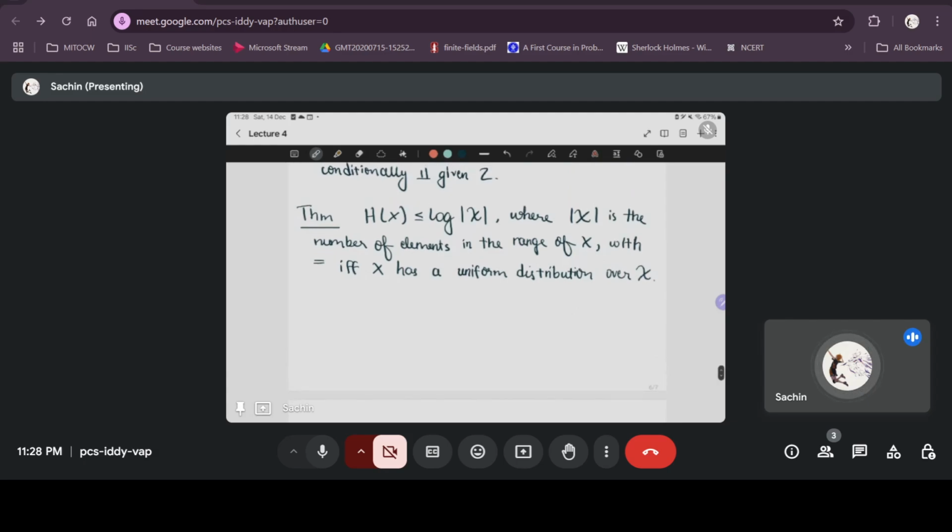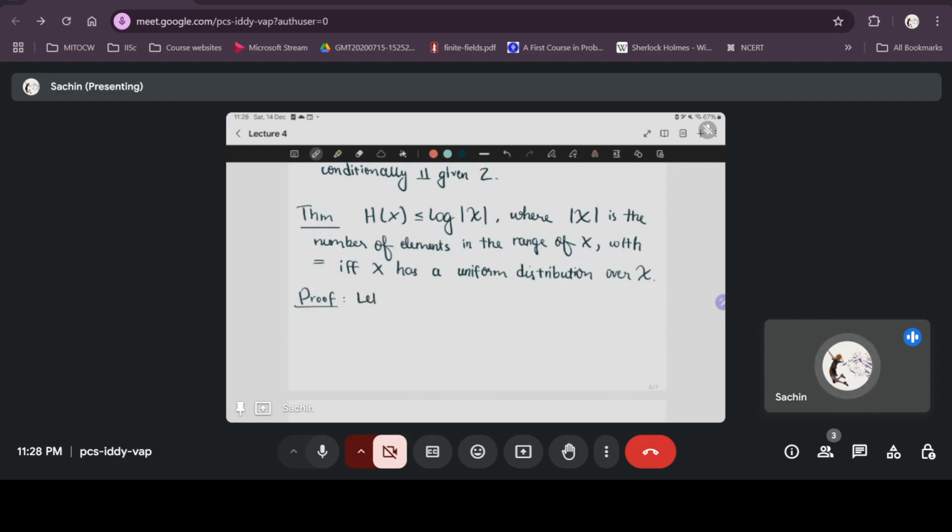To prove this, you're comparing any random distribution for a random variable x with the uniform distribution. So first let's give a name for the uniform distribution. We'll say p of x, q of x.